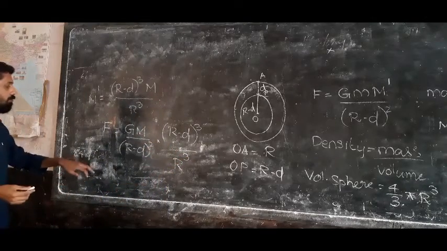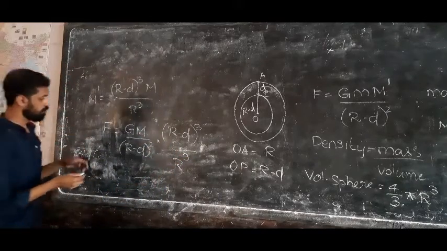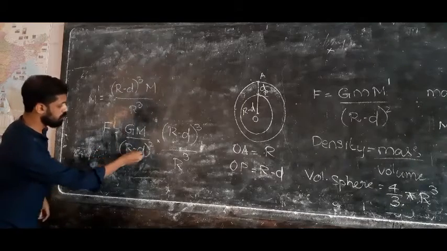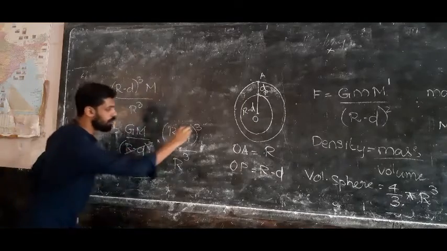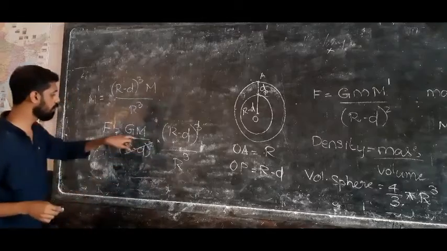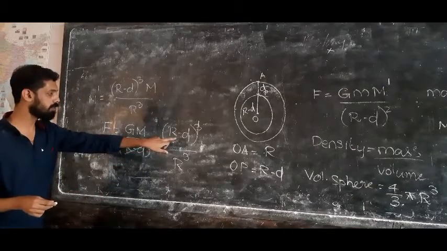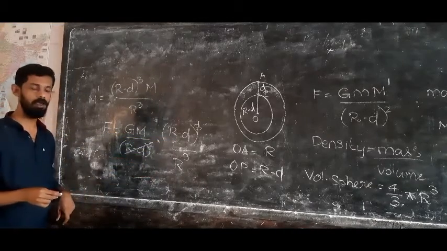Now (r minus d) square we can cancel. Remaining will be G m (r minus d) divided by r cube.